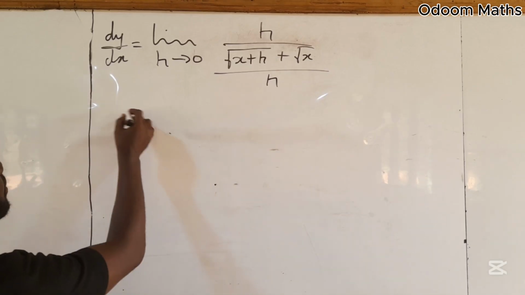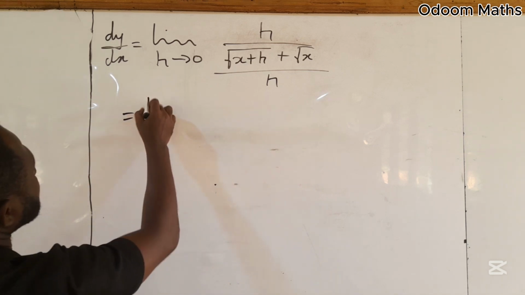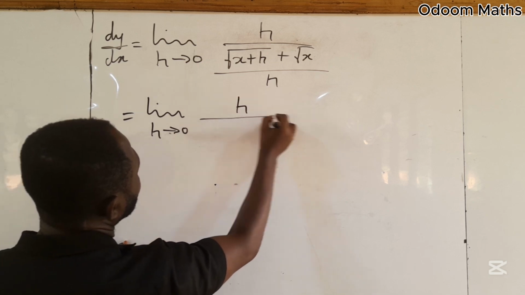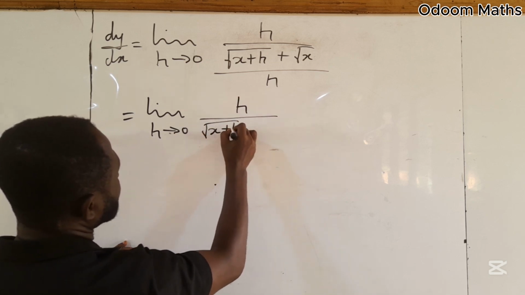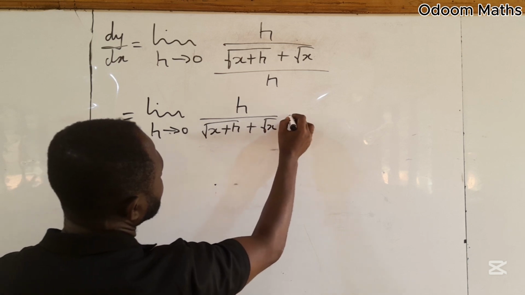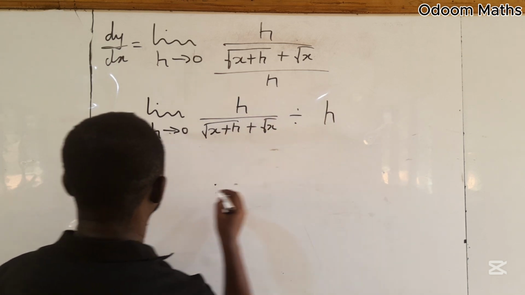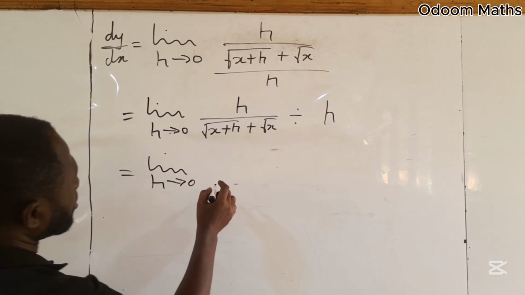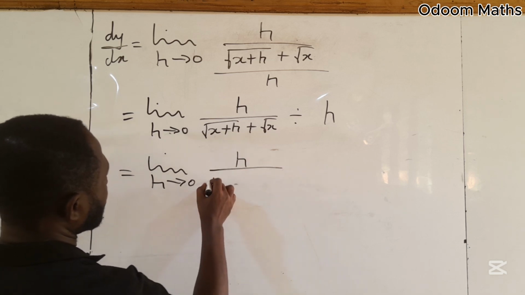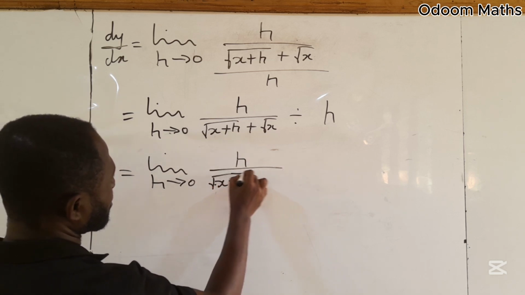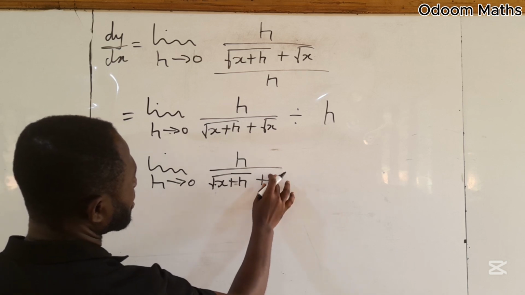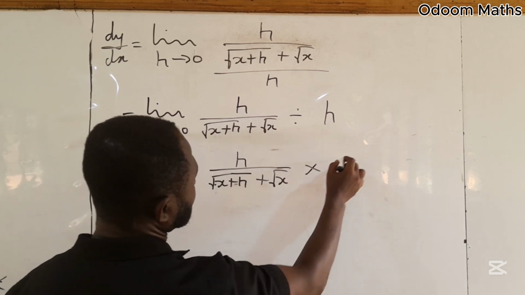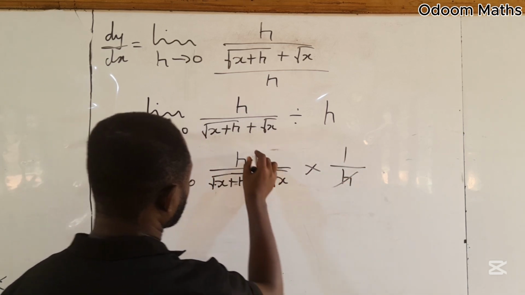This can be written as the limit as h approaches 0 of h over (root of (x + h) plus root x) times 1 over h, so that the h's go away.